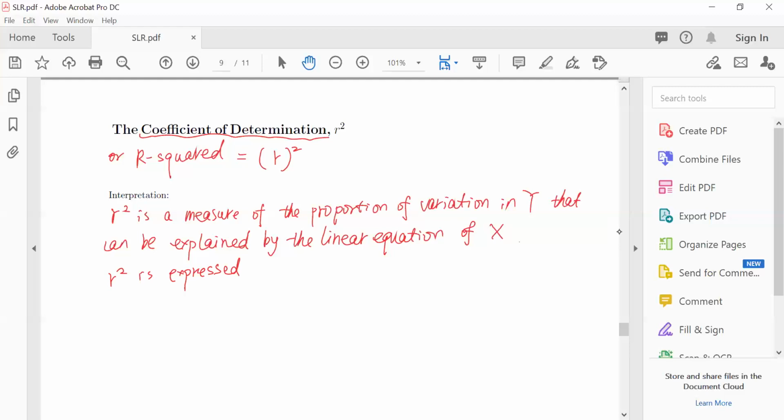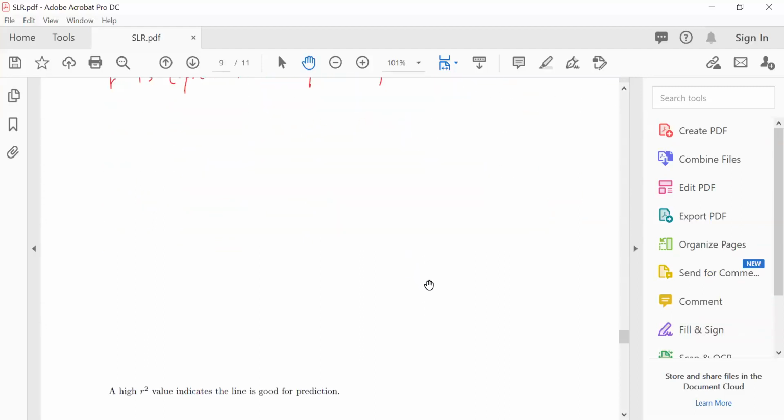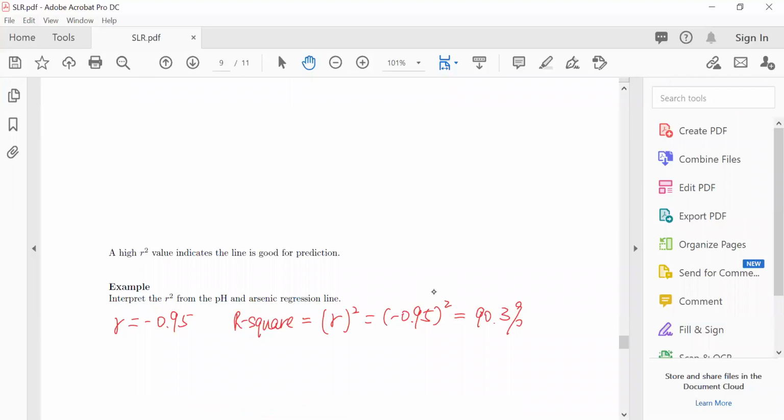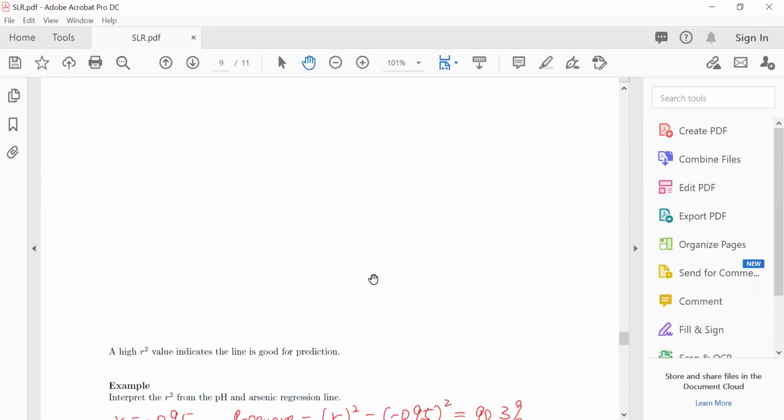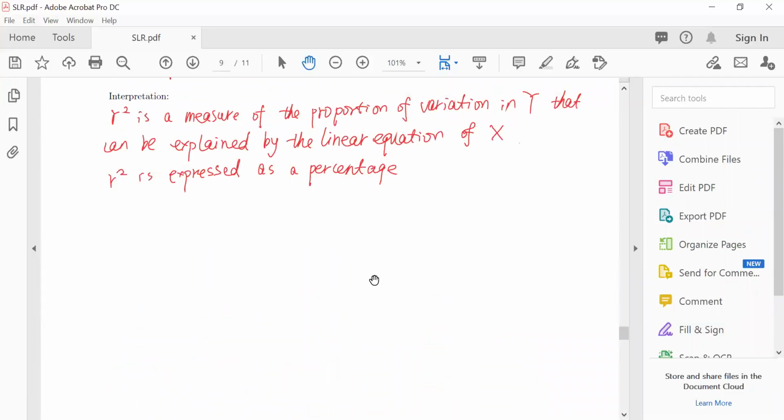So instead of saying the r squared is 0.9034, we usually say it is 90.3%.